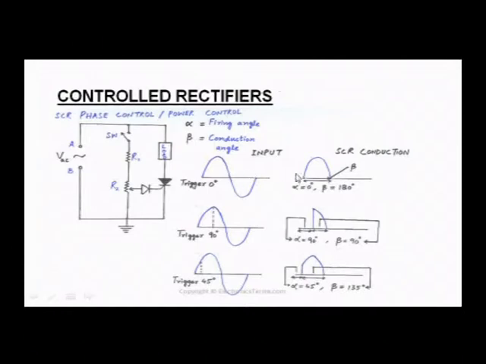AC input has been converted into a DC output, and it is being controlled. The amount of voltage and current which is going to flow through the load is controlled. That is why it is called a controlled rectifier, converting constant AC to a variable value of DC.